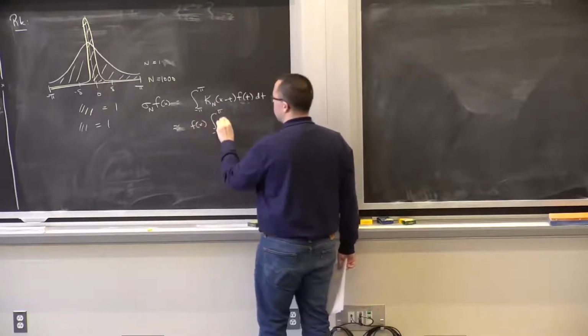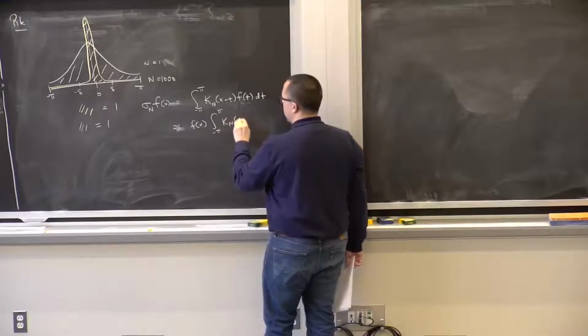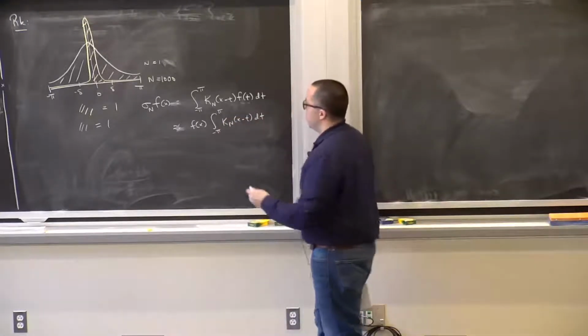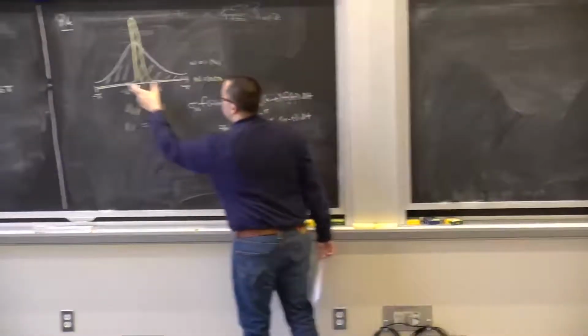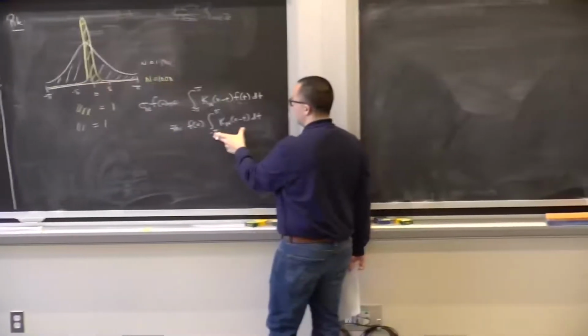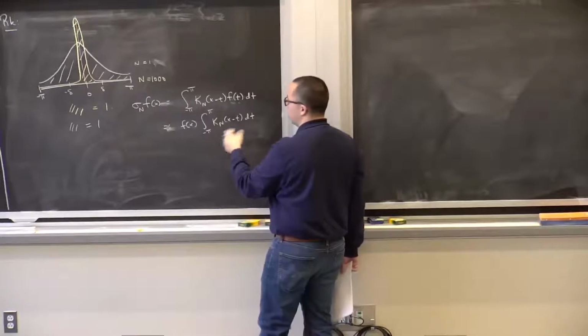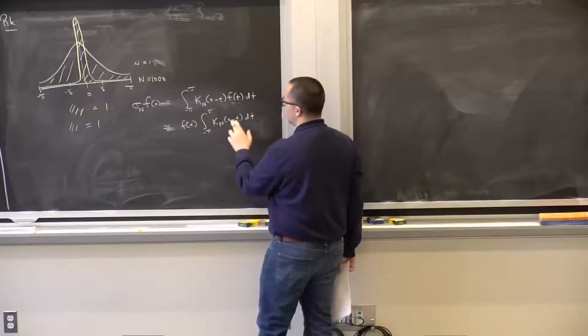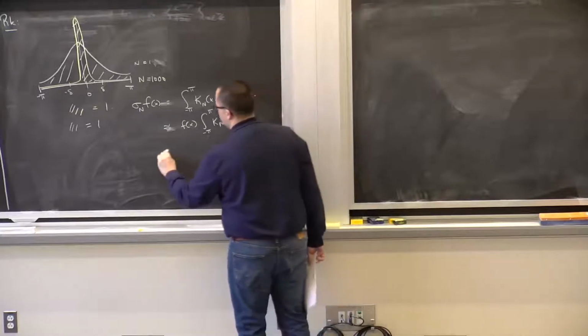So since this thing is concentrated there, and because the area underneath the curve is always 1, this integral is always equal to the integral of Kn over any 2 pi periodic interval, since Kn is 2 pi periodic.